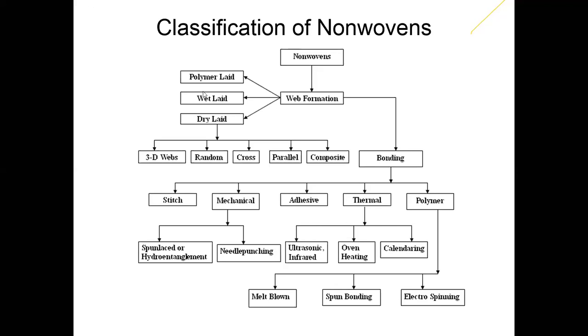But melt blown fabrics don't have strength. So what we are doing is backing these melt blown fabrics with spun bonded fabrics. So here there are two different polymer non-wovens, melt blown and spun bonded. Spun bonded is similar to what we do in filament extrusion.